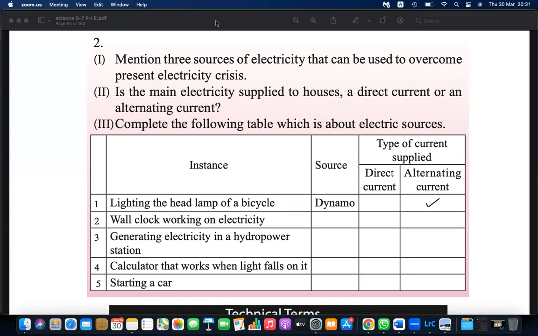Another thing is coal, charcoal, and oil, crude oil, petrol, diesel. These are not renewable. It will take a long time to regenerate those assets. Therefore, we have limited supplies. To avoid this, we can use solar power, because it is not a resource that is going to be over soon.